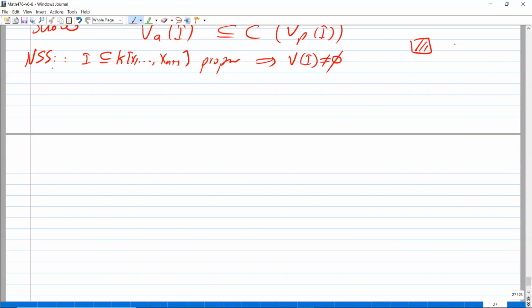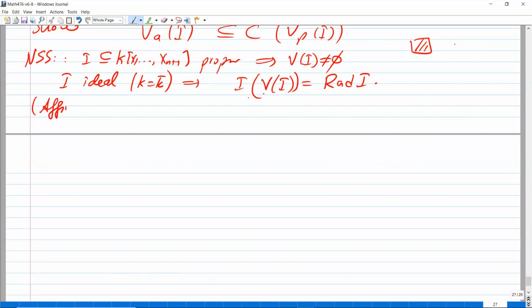And the second part was that if I is an ideal, where here we assume that K is algebraically closed, then you look at the ideal of the zero set of the ideal I, and that is not equal to I, but that's equal to the radical of I. Okay, that was the affine Nullstellensatz.